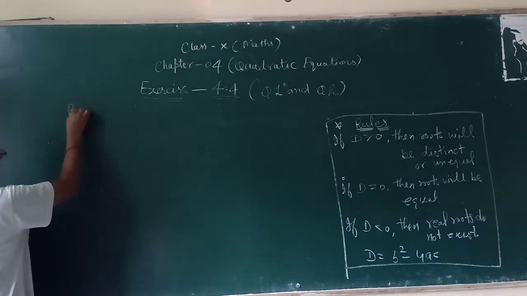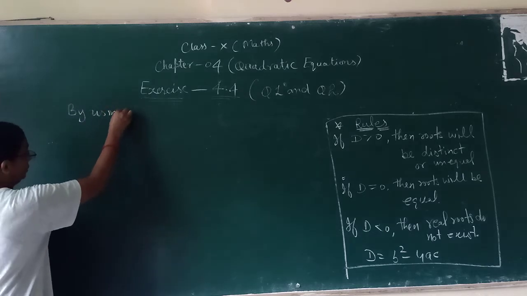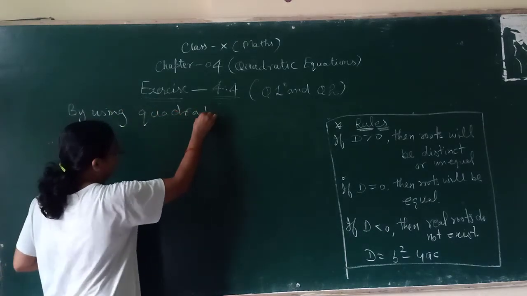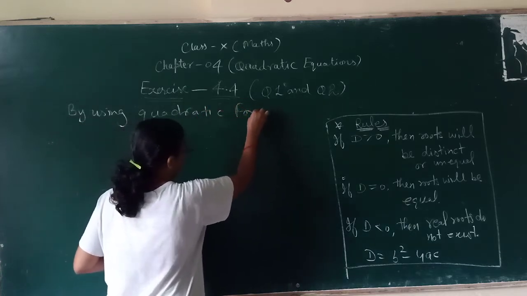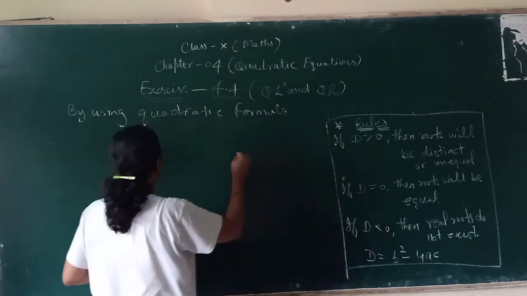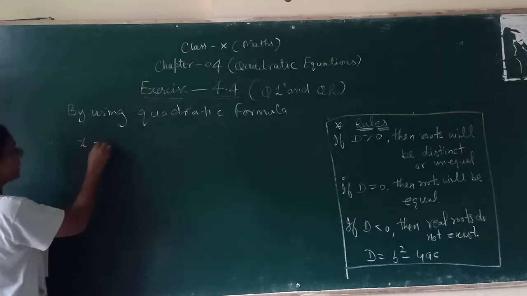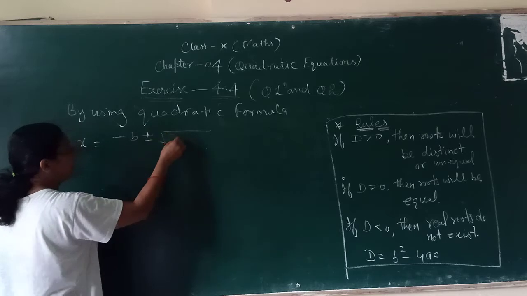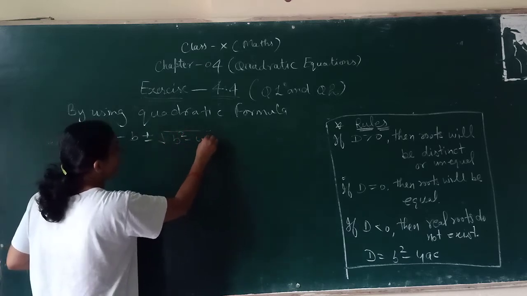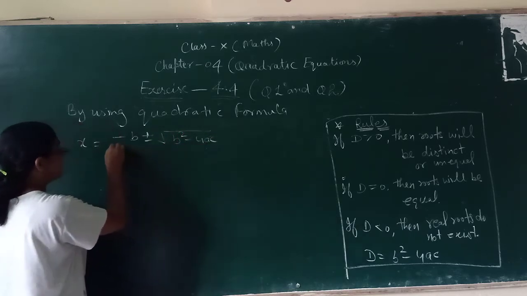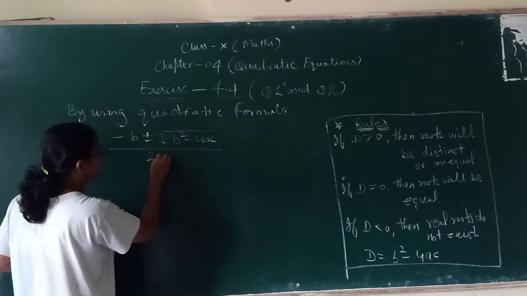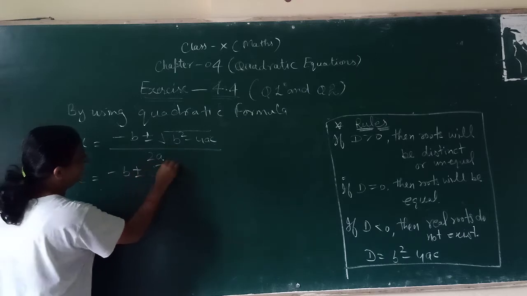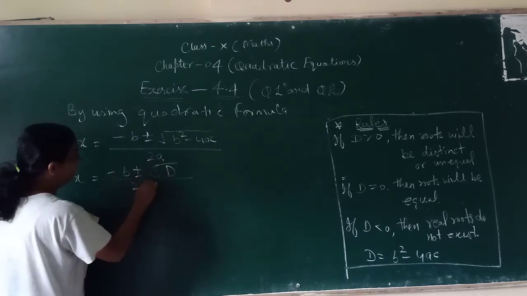Using the quadratic formula. What is the quadratic formula? The variable is x, and the formula is x equals minus b plus minus square root of b square minus 4ac, or we can say D also here, over 2a.